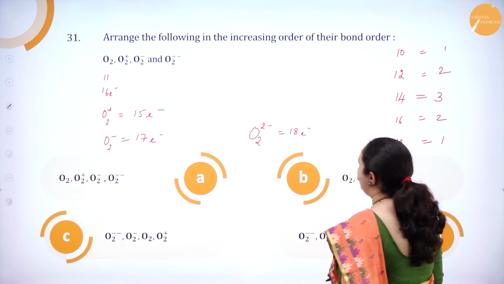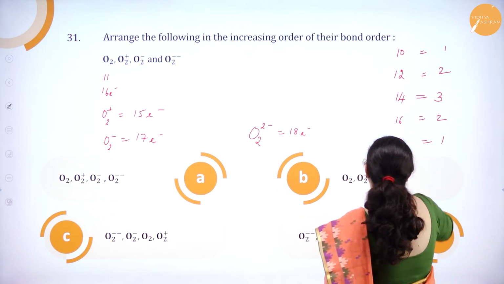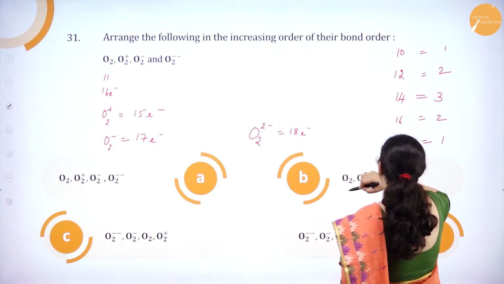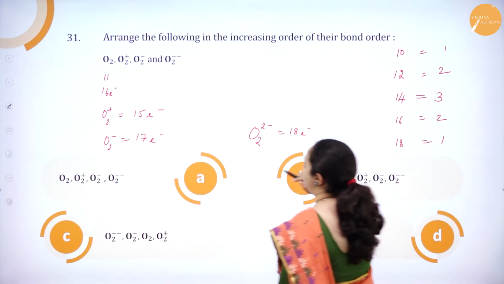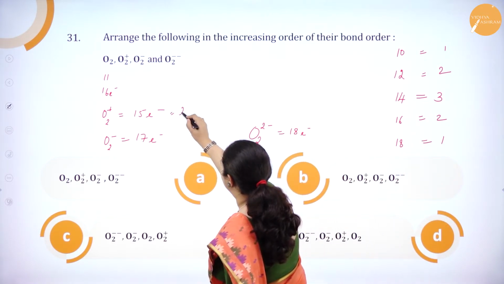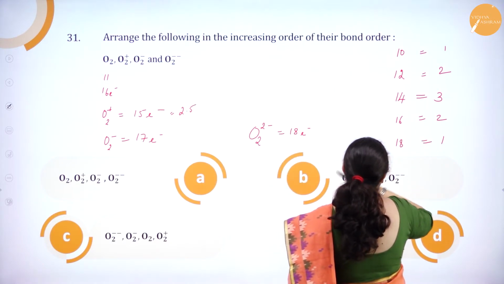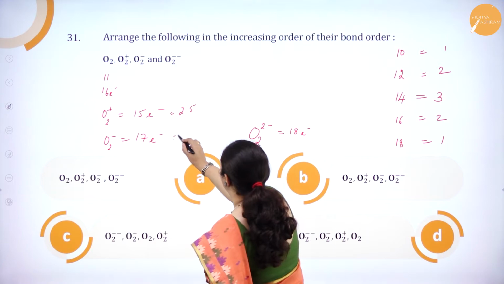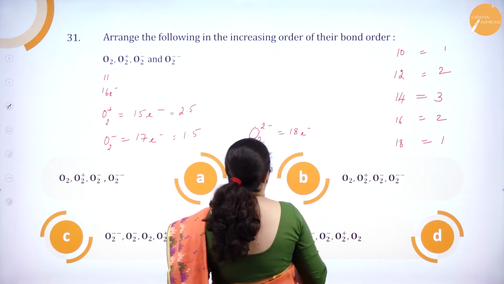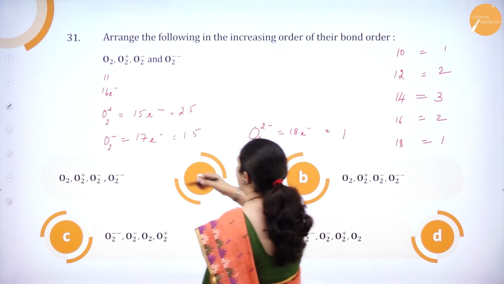So I have 15 and 17. Where does 15 come? Between 14 and 16. It should be 2.5. Then O2- is 17, so it is 1.5. 18 is 1 and 16 is 2.